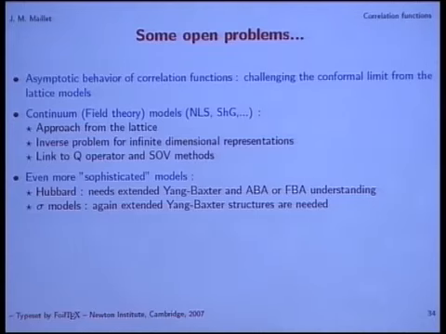Main open problem, and I started with it, is what is the asymptotic behavior of correlation functions, and how we can connect to the conformal field theory from the lattice. This is on the way now. In fact, there is a very nice analysis that we are trying to perform.